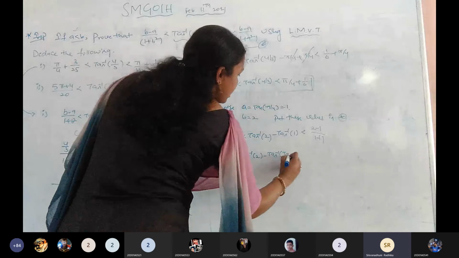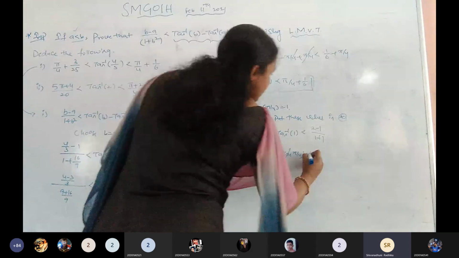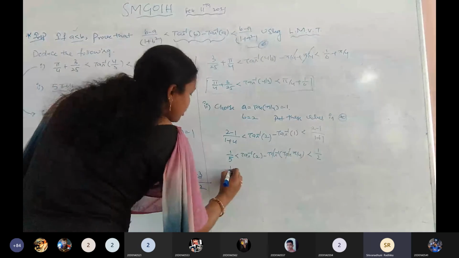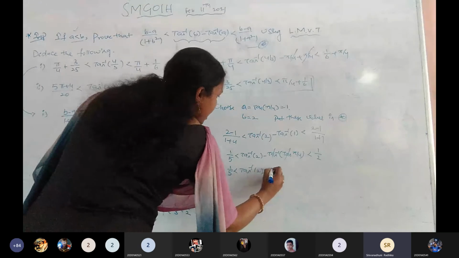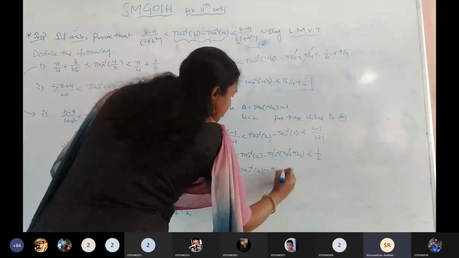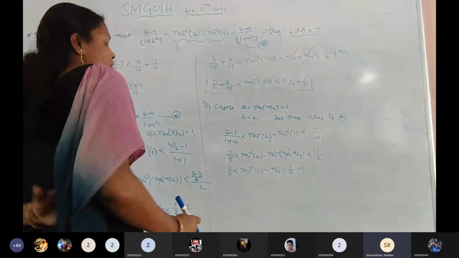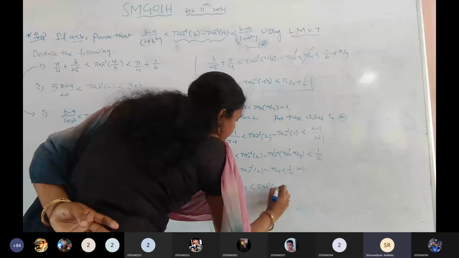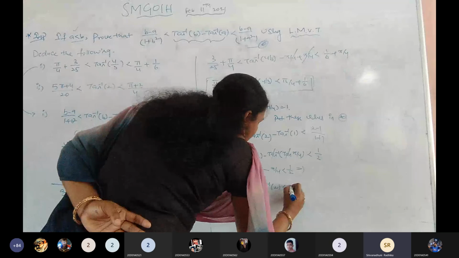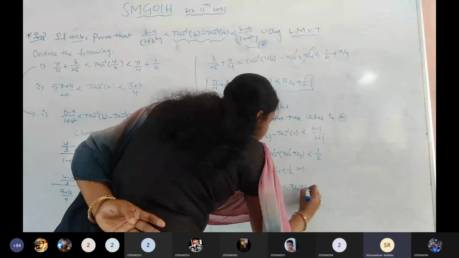This can be written as tan inverse of tan 5 by 4, so tan inverse and tan get cancelled, which is less than 1 by 2. Again 5 by 4 remains: tan inverse of 2 minus 5 by 4 is less than 1 by 2. Again we add 5 by 4 on both sides: 1 by 5 plus 5 by 4 is less than tan inverse of 2, which is less than 5 by 4 plus 1 by 2. So this is the deduction.